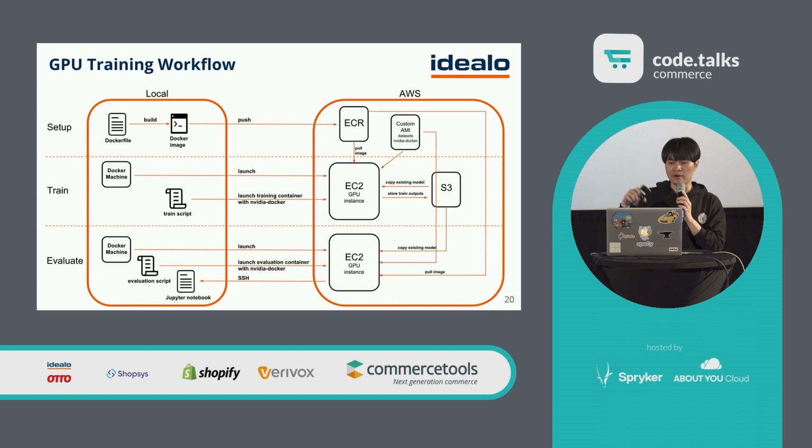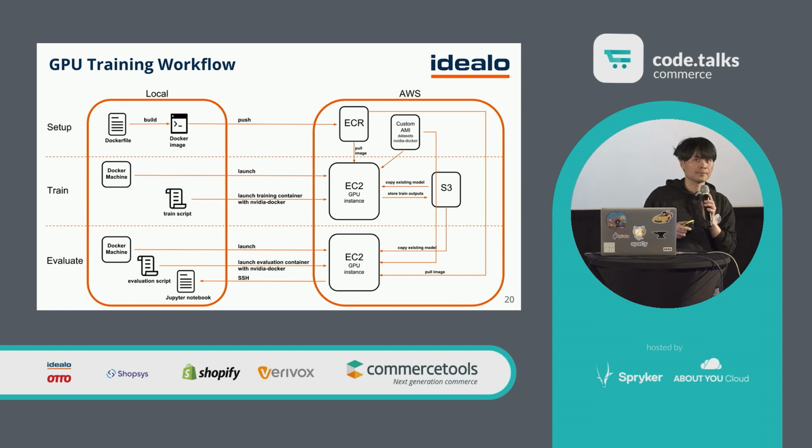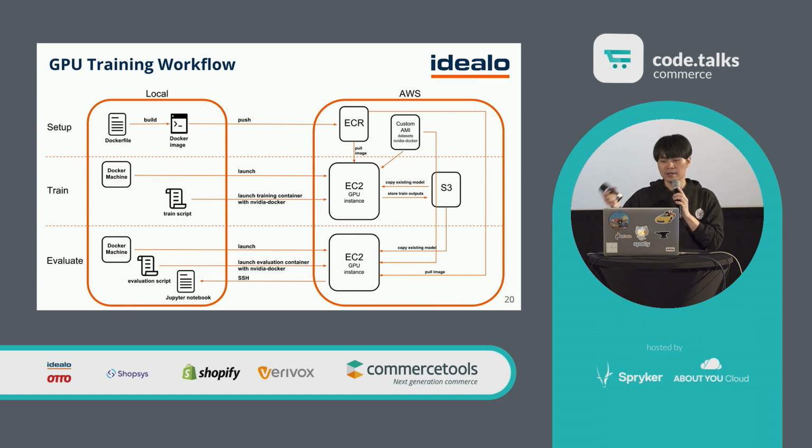And then we have our custom AMI, which we created, where we place our data set, because our data set is actually quite huge. It's like 20 gigabytes, right? So every time you want to retrain, you don't want to push it up again. And from there, we use Docker machine to spin up an EC2 instance with a GPU graphic card in there. And after training, we copy the model to S3, and then we store the model again.